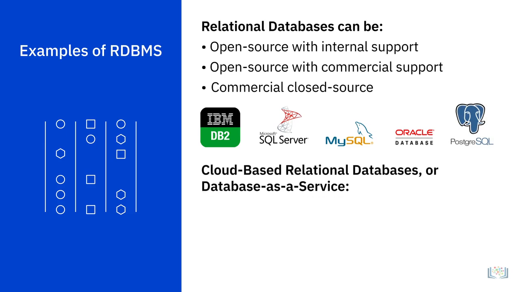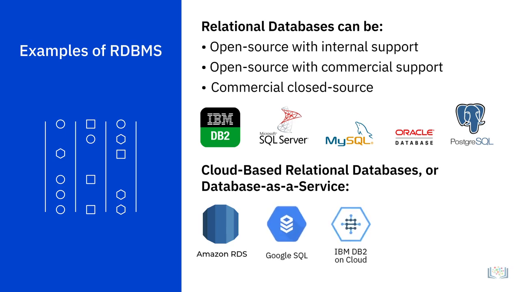Cloud-based relational databases, also referred to as database as a service, are gaining wide use as they have access to the limitless compute and storage capabilities offered by the cloud. Some of the popular cloud relational databases include Amazon Relational Database Service, or RDS, Google Cloud SQL, IBM DB2 on Cloud, Oracle Cloud, and SQL Azure.